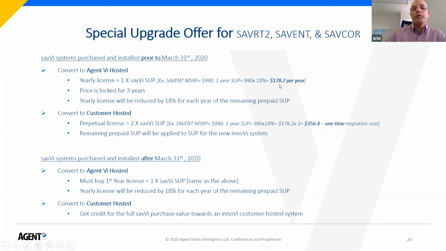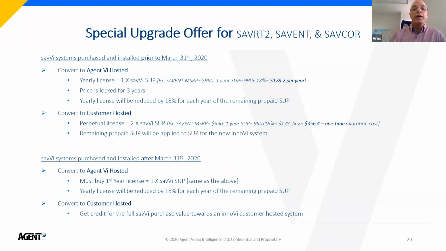So the only thing that you have to do is just convert the system and pay whatever you had to pay for the SUP for SAVI. This price is locked for 3 years. So if you already have projects today that you want to upgrade to innoVi hosted by us, we will guarantee this price for the next 3 years.